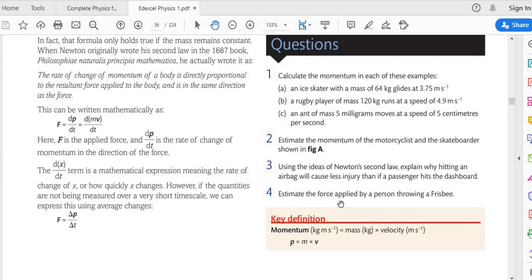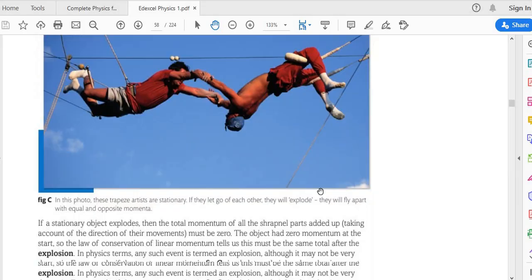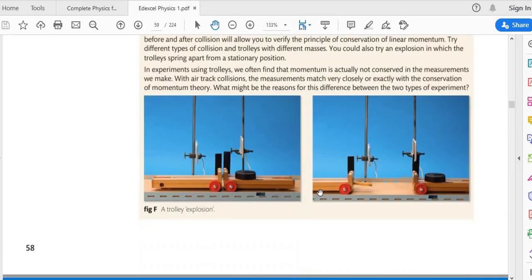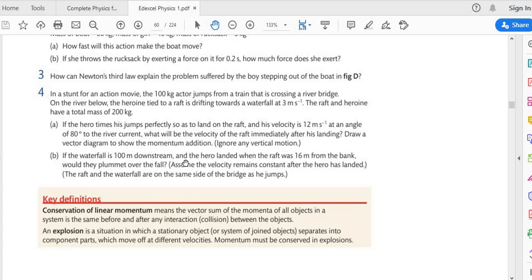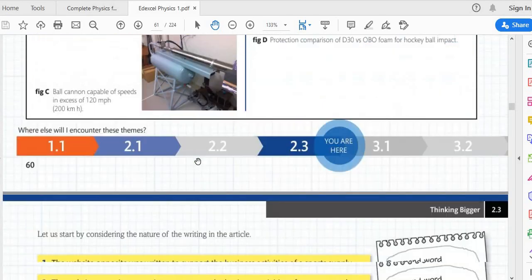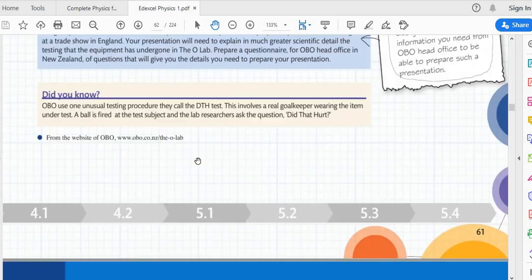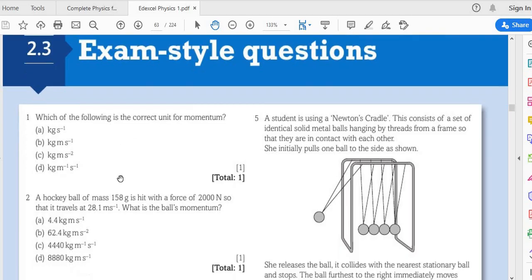The answers are in a separate document, and do all the questions there, and if there are any questions here, you can do all of them also. Yeah, these questions. So make sure you answer all these questions and check your answers. Then after doing that, you can start doing the end of chapter questions, the exam style questions, these questions.